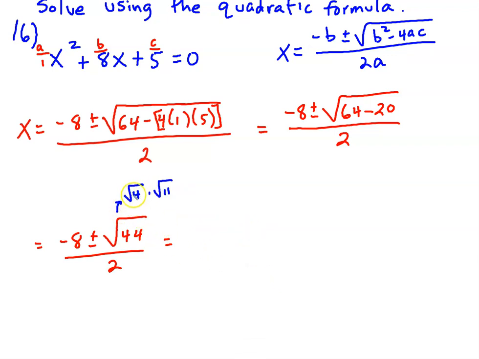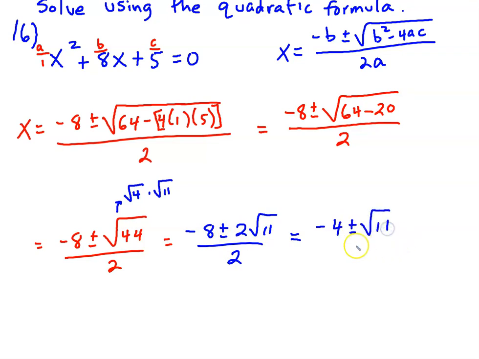And when I simplify this, I get 2 times the square root of 11. And now I can reduce because 2 divides into all of the non-radical numbers. And when I divide 2 into each one, I get negative 4 plus minus the square root of 11. There's an invisible 1 here. 2 divided by 2 is 1, and then there's an invisible 1 denominator.